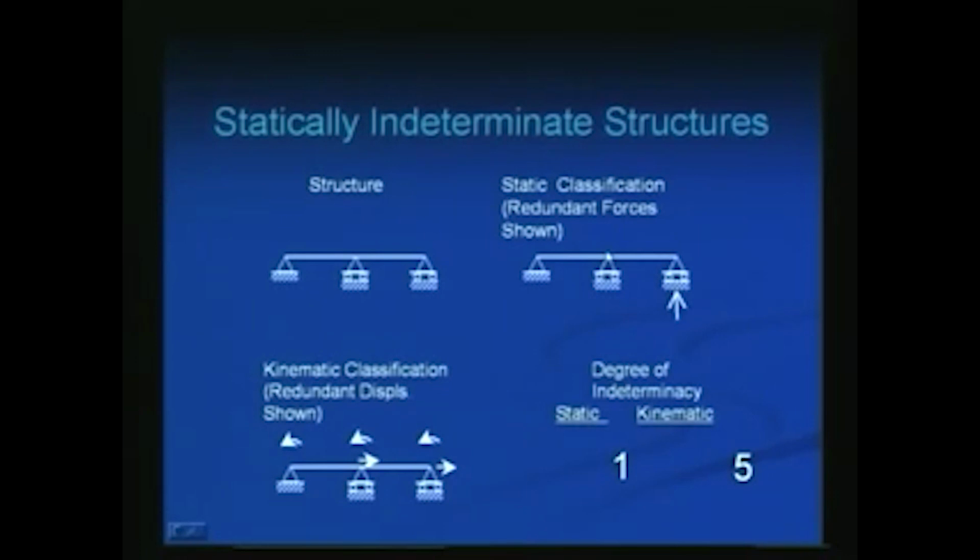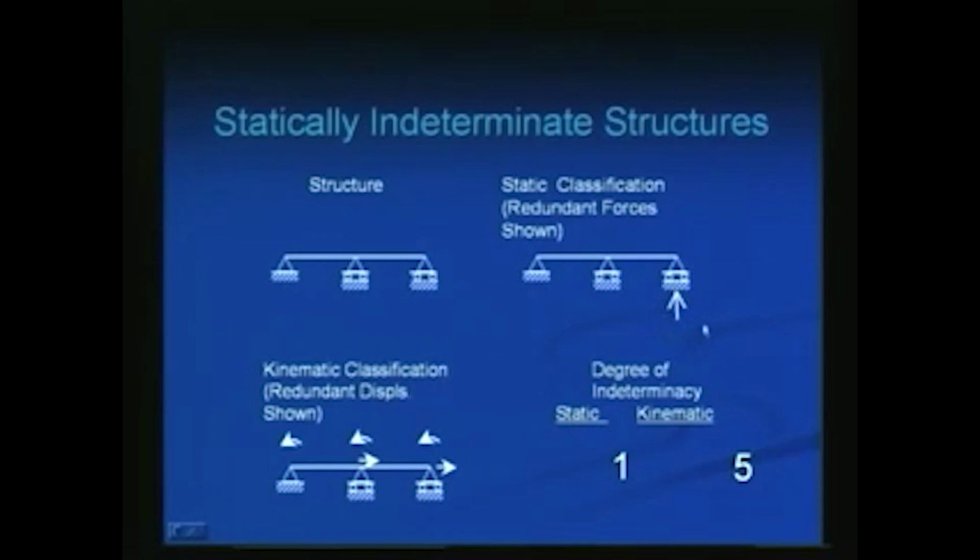Let's look at a few other structures. Let me look at this structure. What is this? This is a multi-span beam. I need to find out its number of degrees of freedom and the static indeterminacy. Simple static indeterminacy: if I remove this, it becomes statically determinate.